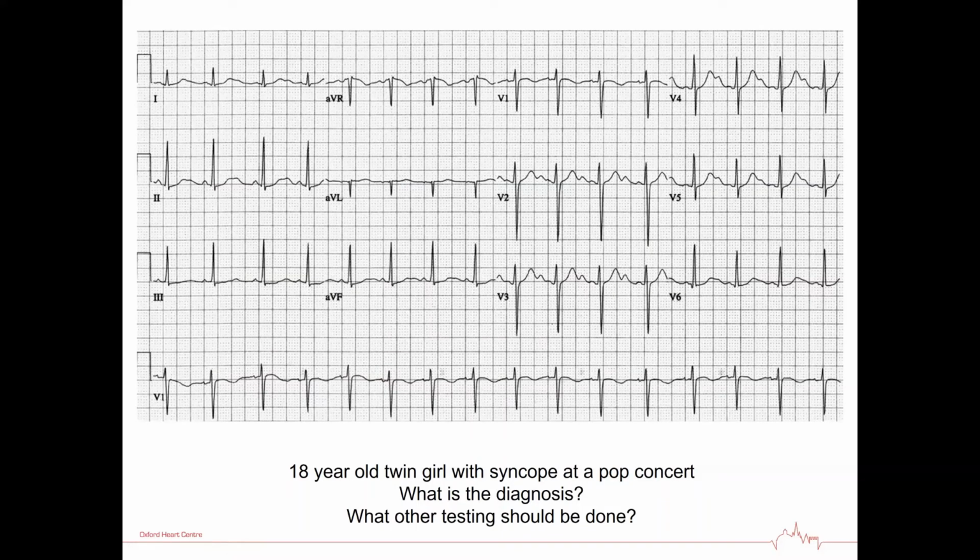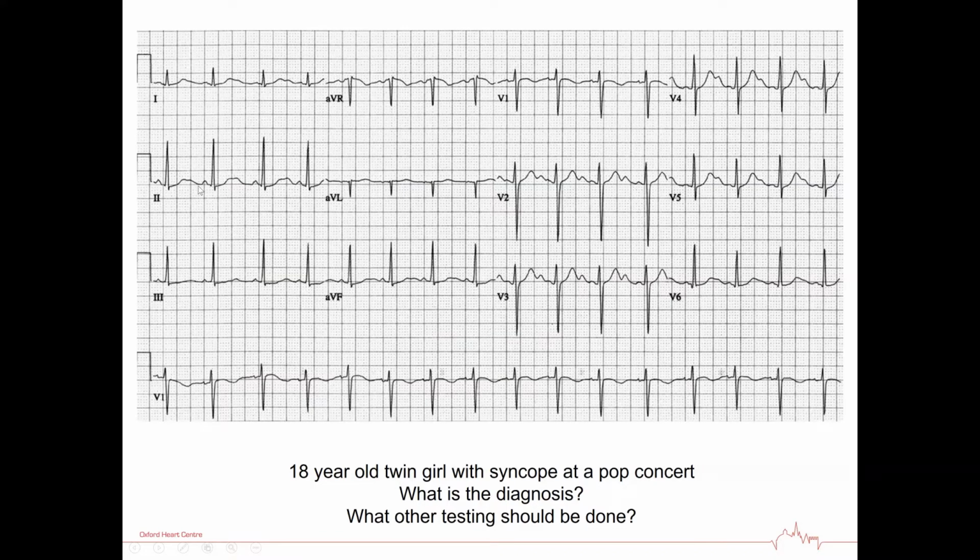This is an 18-year-old girl who's a twin. She's blacked out at a pop concert. First question is, what is the diagnosis? No. So this is long QT, and when you're measuring the QT, you start at the Q and you go right to the end of that T wave's return to normal.